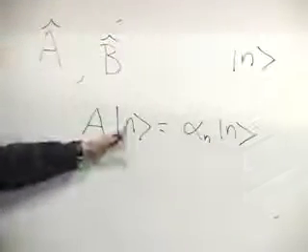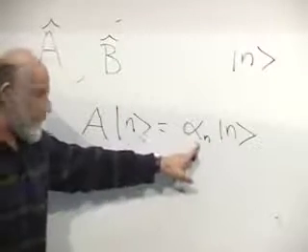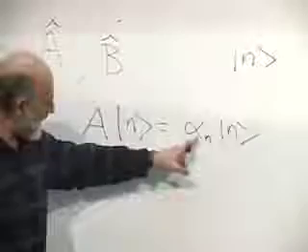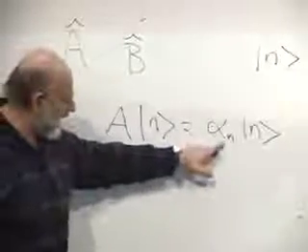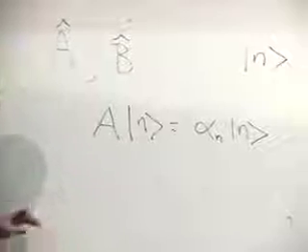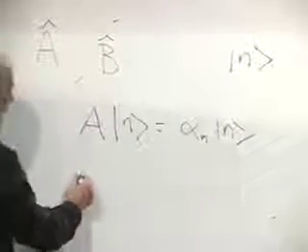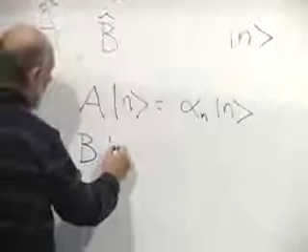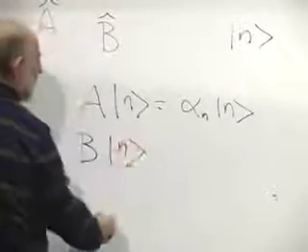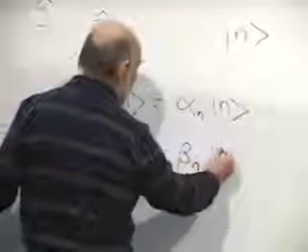This just says that these vectors are all eigenvectors of A with eigenvalue alpha n. The first vector has eigenvalue alpha 1. The second one has eigenvalue alpha 2. But simultaneously, exactly the same set of vectors are also eigenvectors of B with eigenvalue, let's say, beta n times n.